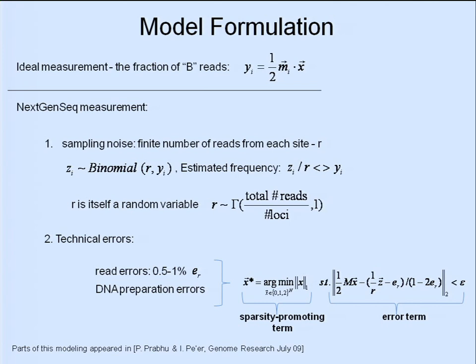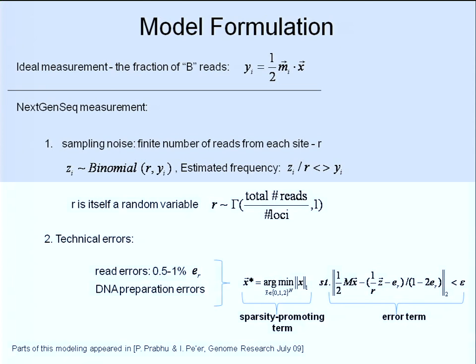So it's very hard, when you create a pool, to keep the amount of DNA from each individual equal. There are fluctuations in amplification efficiency. So we model all these sources of errors, and eventually, instead of this linear equation, we have a more complicated problem, which holds the error term.